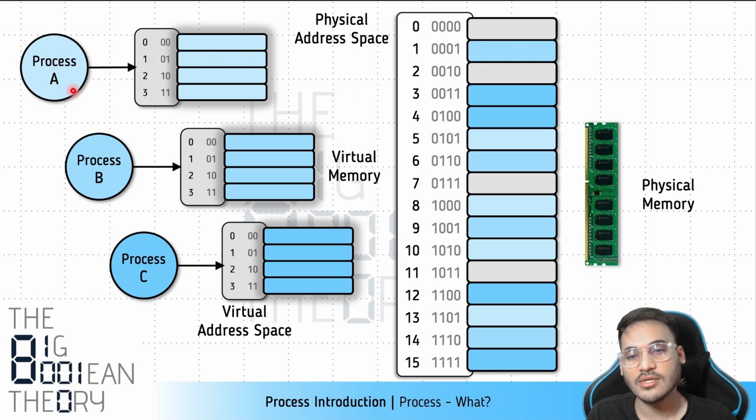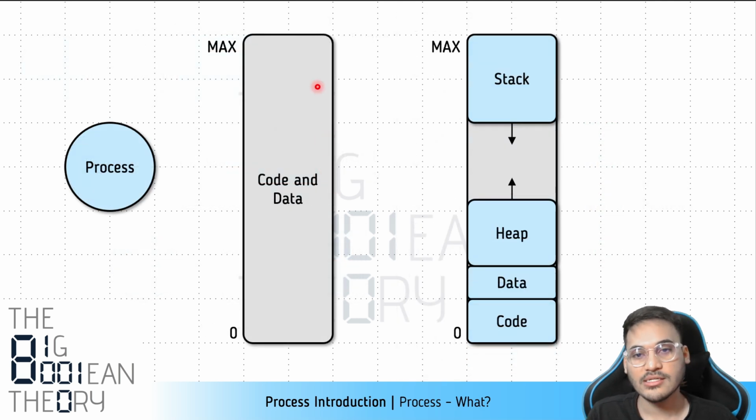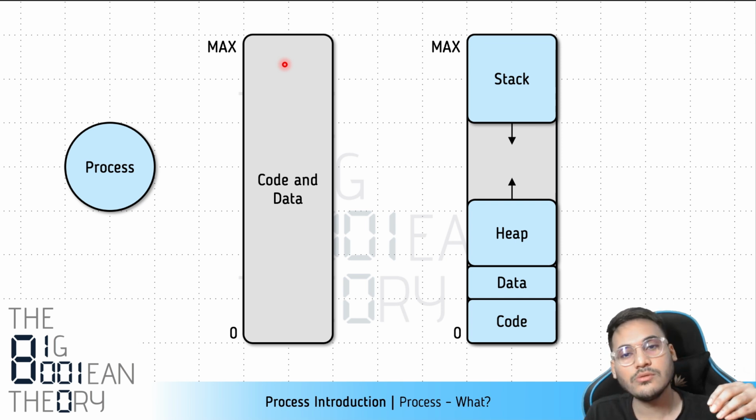Each process has its own unique address space and its own view of the memory, right? Each process thinks that the memory is private to it via this concept of address space. So this is the concept of virtual address space. Then we said that the process address space helps to organize the code and data for the process in the memory, right?